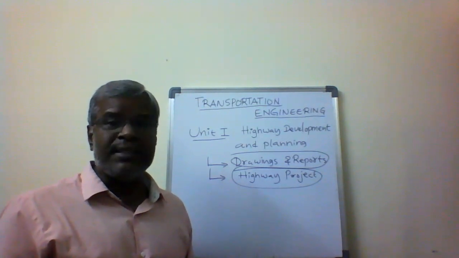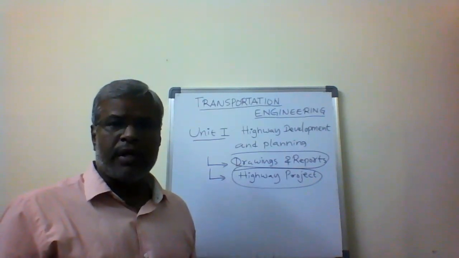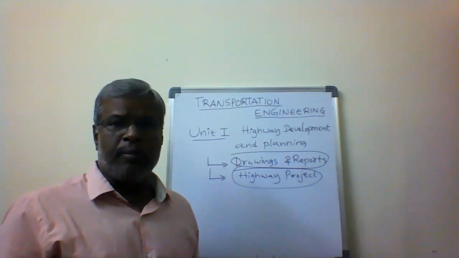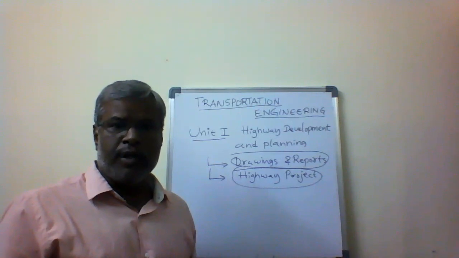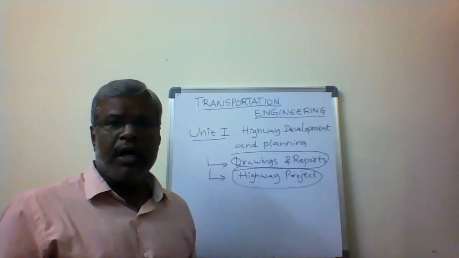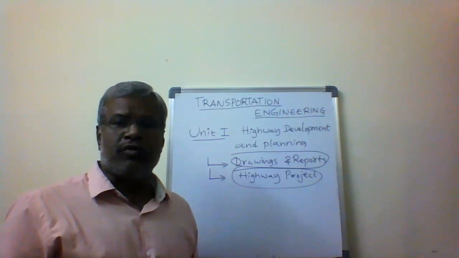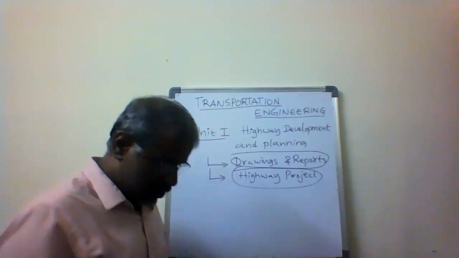These four are the basic, or ideal, requirements of the alignment: the shortest possible alignment, easy to construct, safest travel, and economical total cost of construction.